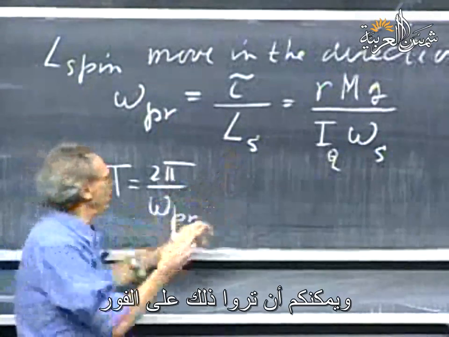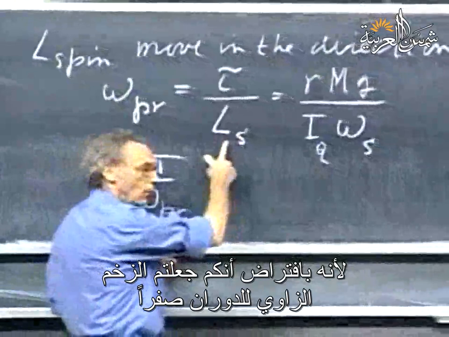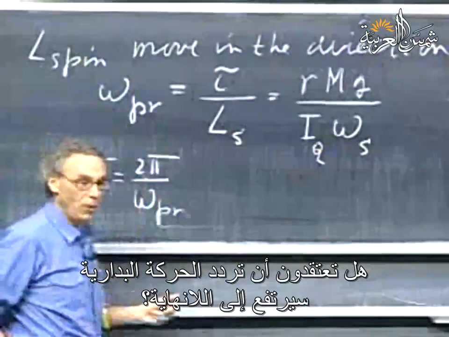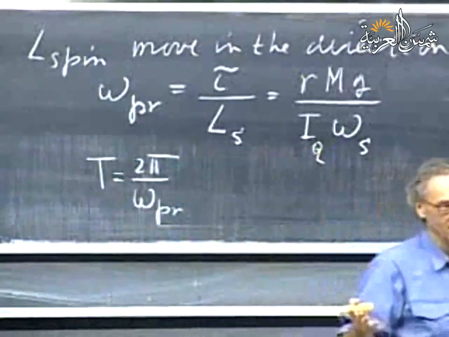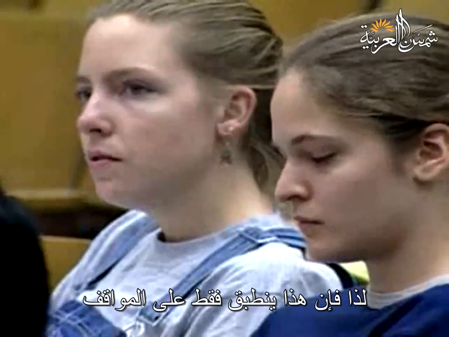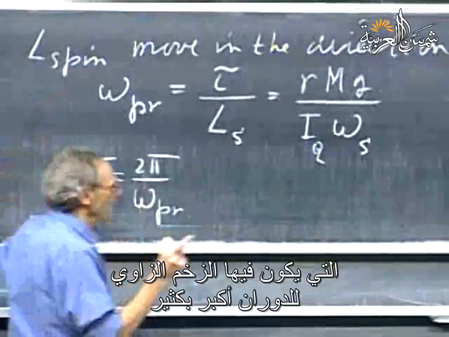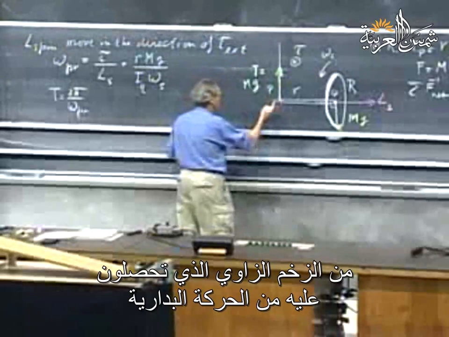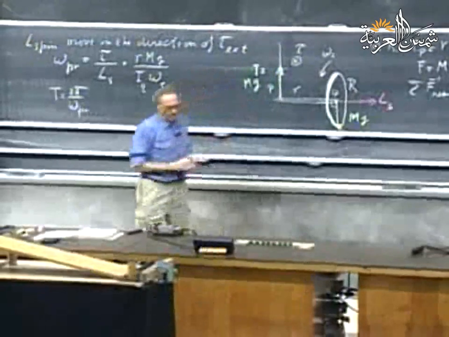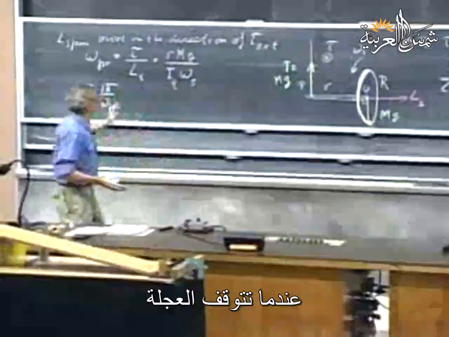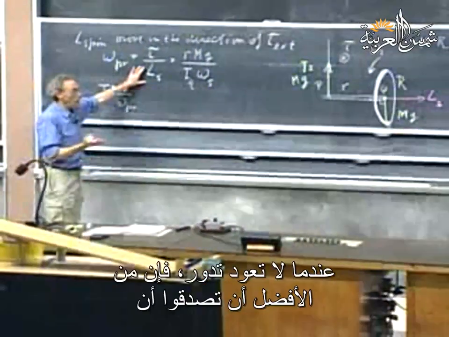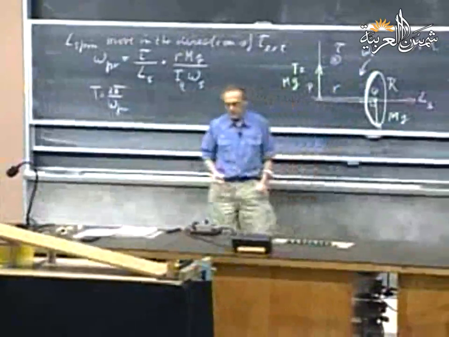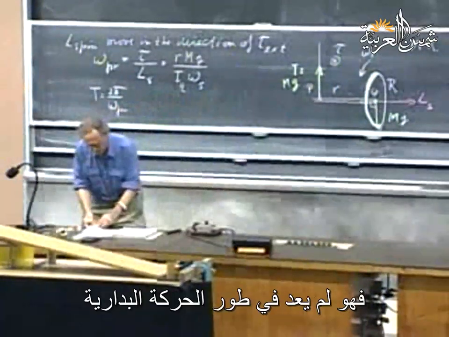You can see that immediately, because suppose you made the spin angular momentum 0, so it is not spinning at all. Do you really think that the precession frequency will be infinitely high? Of course not. So this only holds where the spin angular momentum is way, way larger than the angular momentum due to the precession. So there are restrictions. When the wheel comes to a halt, when it's no longer rotating, you better believe it, then the thing will go clunk. There's no longer the precession mode.